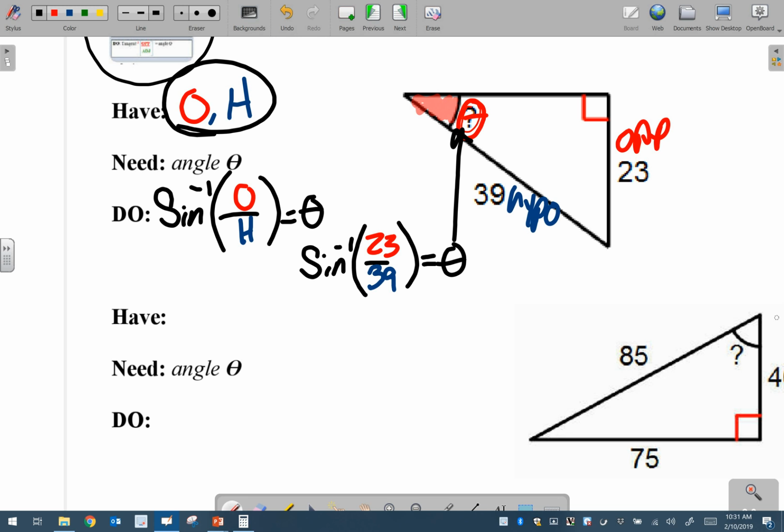You should be getting approximately 36.14 degrees. Let's do the next one.